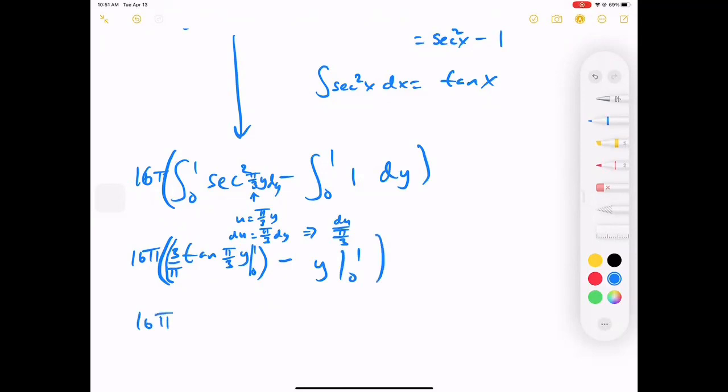16 pi. If I plug in 1, what's the tangent of pi over 3 times 1? And what's the tangent of 0? If I plug in 0, it's going to be 0.